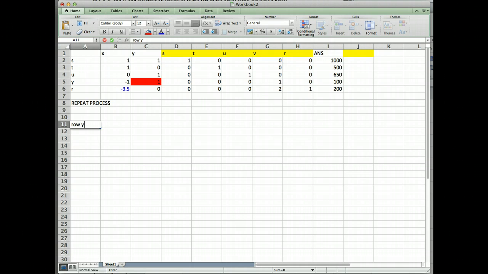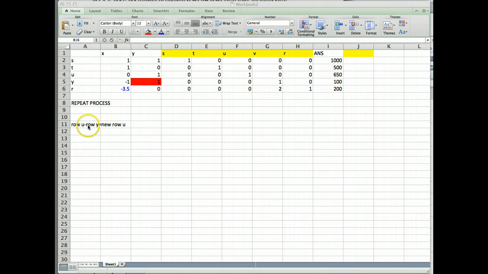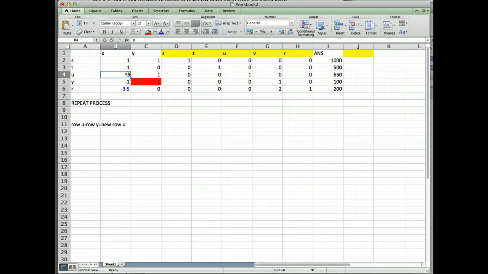Row y minus... let's go ahead and take row u, subtract row y, and that will become our new row u. 0 minus a negative 1, well, that's a positive 1. 0 minus a negative is positive. 1 minus 1, 0. 0 minus 0, 0 minus 0. 1 minus 0.